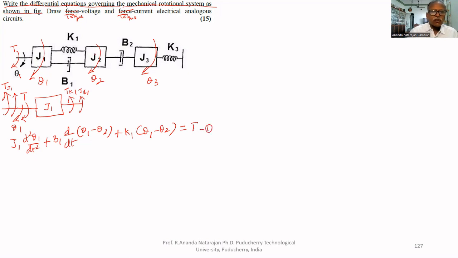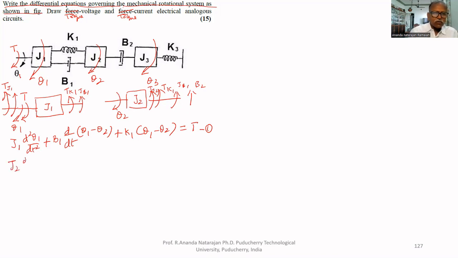Second equation is for J2. For J2, there is no applied torque. Its displacement is theta 2 and clockwise. Therefore, the reaction forces are in the opposite direction: TJ2, Tk1, Tb1, Tb2. These are the reaction forces acting on it.